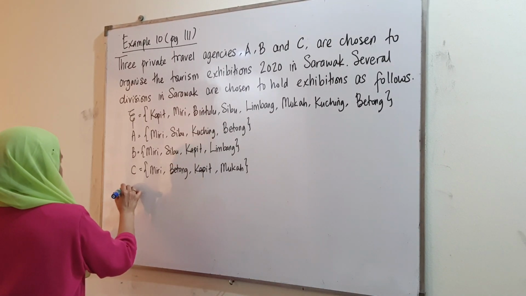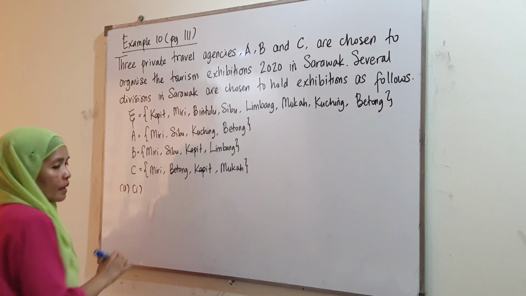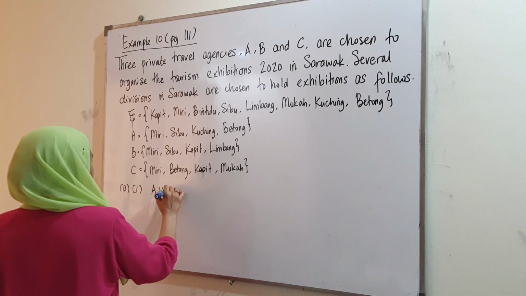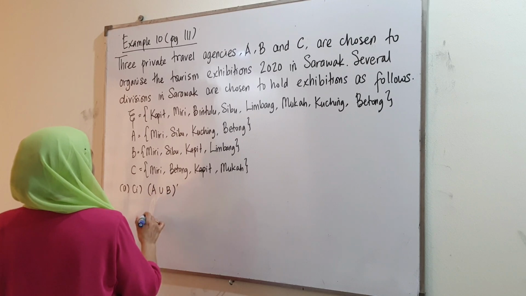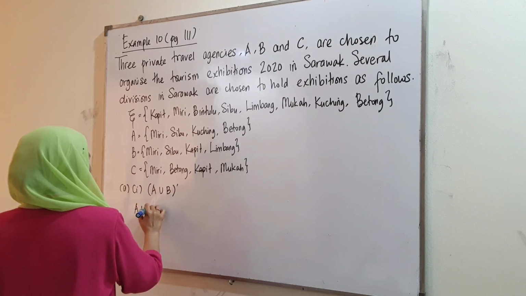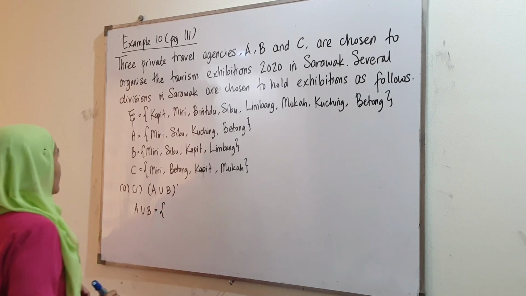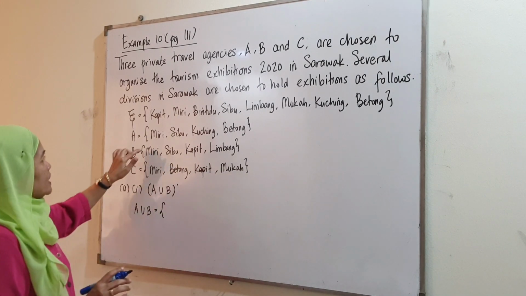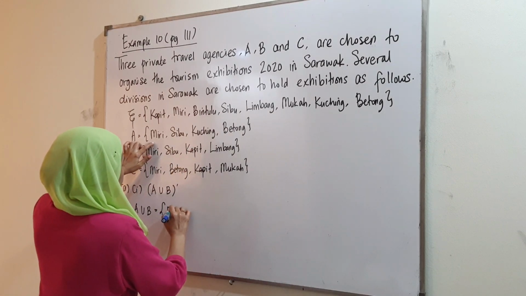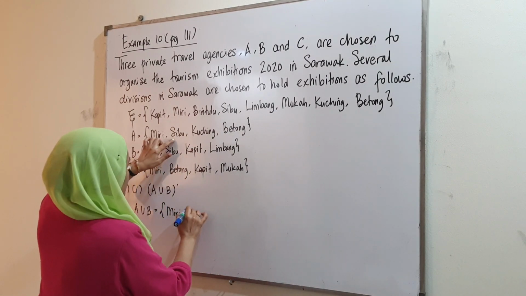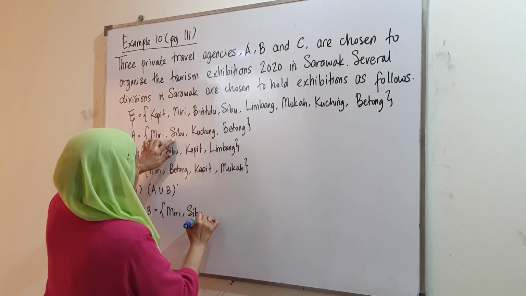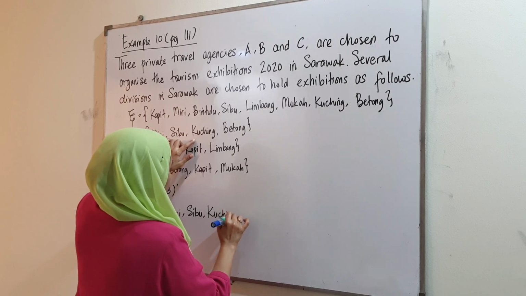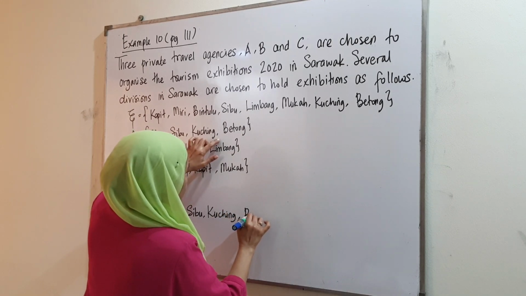(1) (A union B) complement. So A union B: we start with A first: Miri, Sibu, Kuching, and Betong.